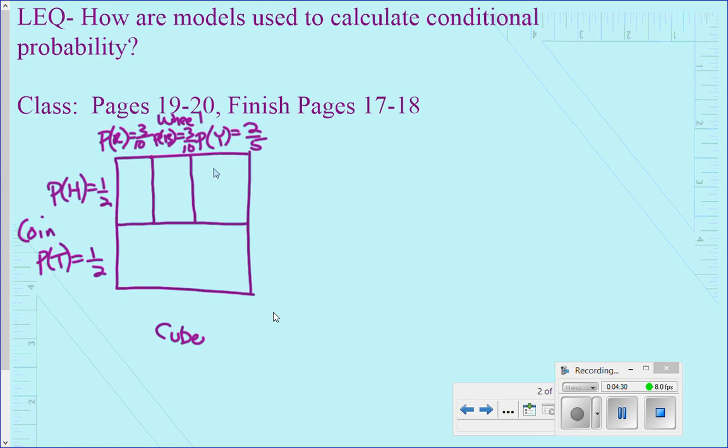So then I'm going to multiply each one of those by the 1/2 here to get these 3 internal probabilities. So 3/20, 3/20, and 2/5 times 1/2 is what? 1/5.